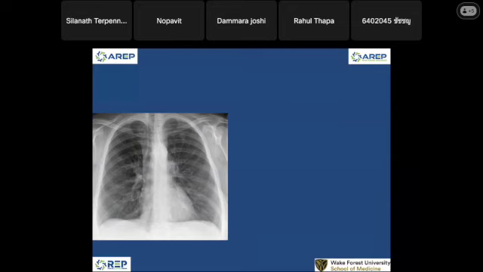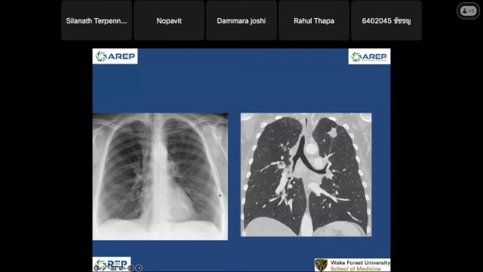Okay, next one. Oh, I am sorry. This one is very subtle. We're not going to see anything on chest radiograph, except maybe a little opacity here in the left upper lobe, which on CT looks bad, right?